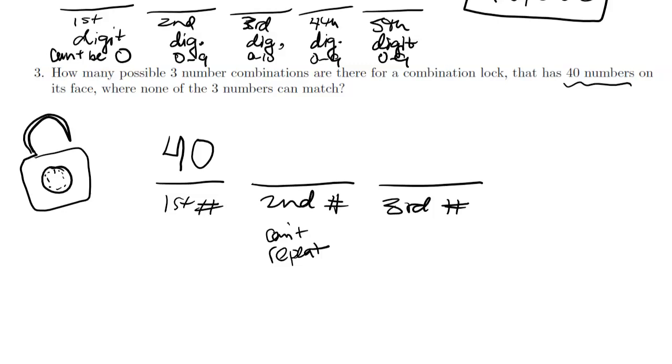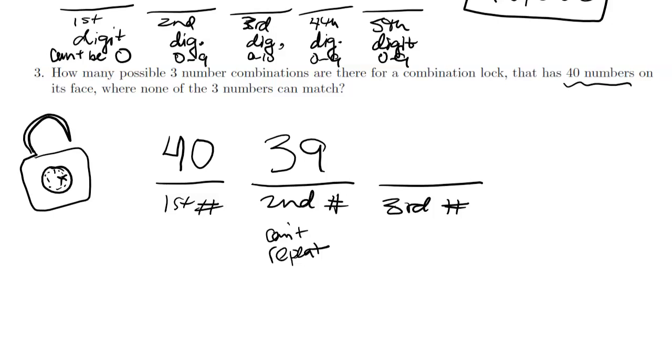I don't know which one I picked, but that number is now out of the pool, right? Whatever number I picked for my first number in my code is not an option anymore. So we're down now to just 39 options. That number decreased because I can't repeat.